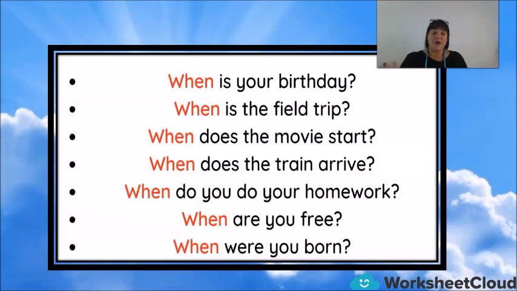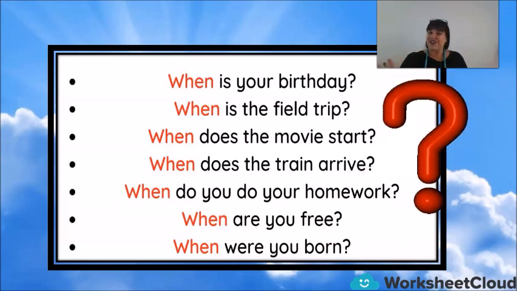And question, when were you born? I was born in the year 1999. Or whatever year you were born in. I was born in the year 2012. I was born in the year 2011. So this is all about time. And when you see the word when, you've got to remember, question mark. There we go.